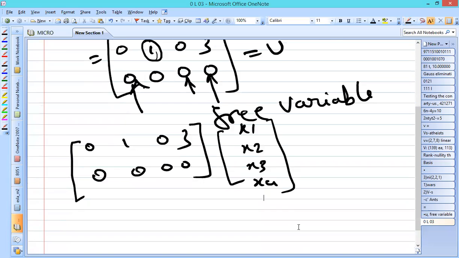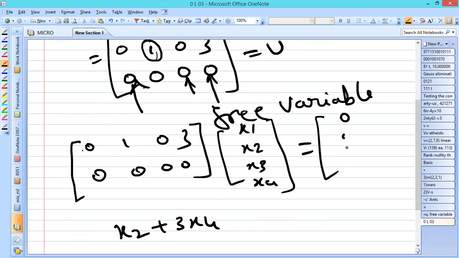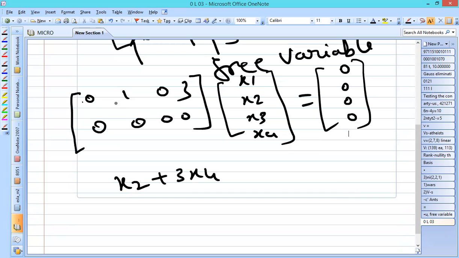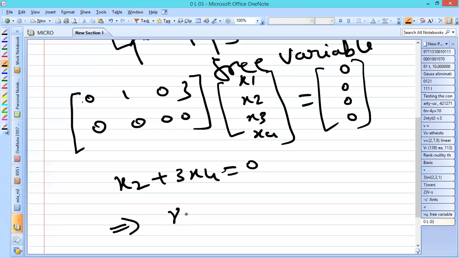If you multiply the first row elements with the column of x, we get x2 plus 3x4 equal to 0, since AX is equal to B with B equal to 0. So x2 plus 3x4 is equal to 0, which implies x2 is minus 3 times x4.